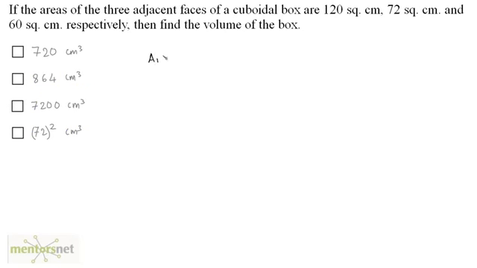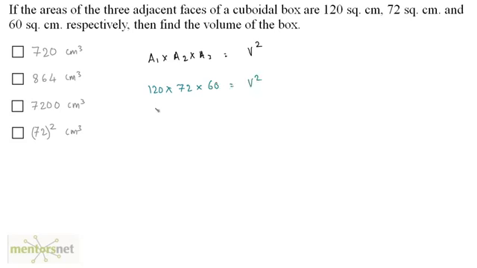So I can say A1 times A2 times A3 is equal to volume square. Well, let us use this formula here. So we have the first area as 120 times the second area as 72 times the third area as 60 is equal to V square, isn't it?